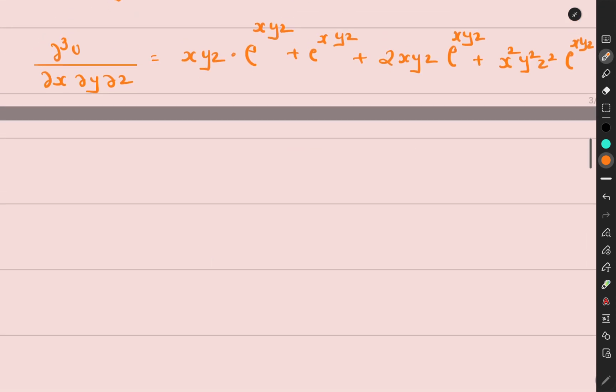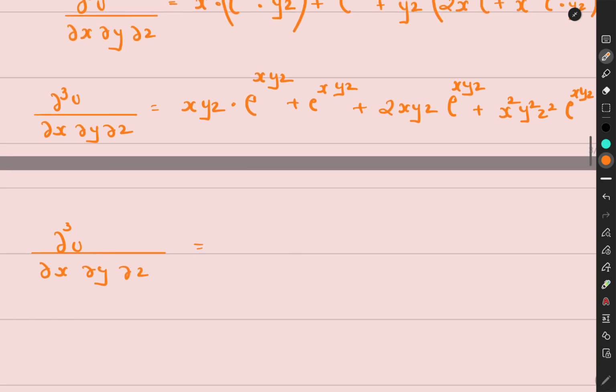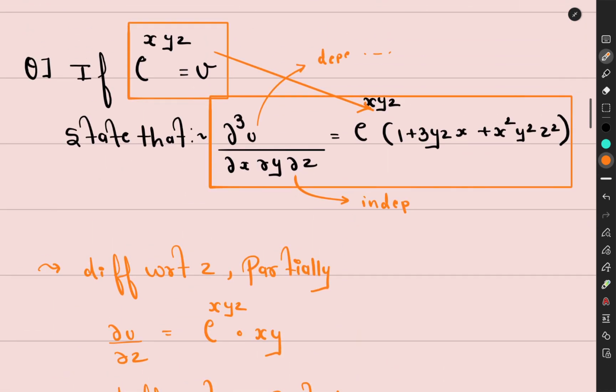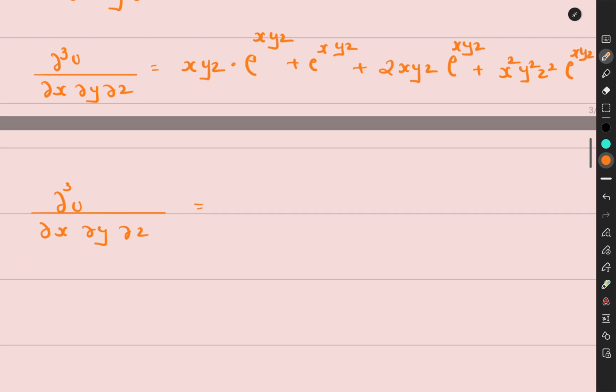So simplifying the equation, what we are getting is, we require 1 plus 3, taking e raised to xyz common.